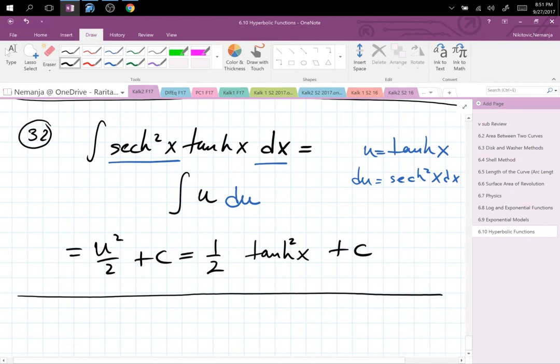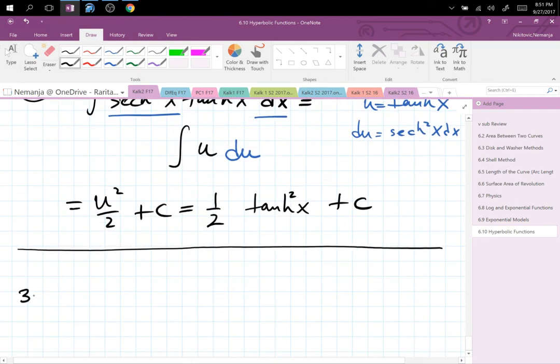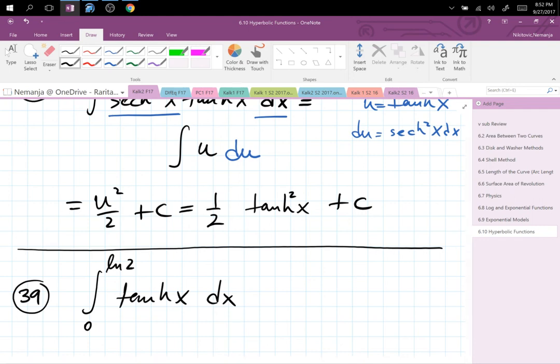And this one is going to have limits because we haven't done anything like that. So 39 says integral of tangent hyperbolic x dx from 0 to ln 2. So we'll take another 2-3 minutes to solve this and disappear into the night.